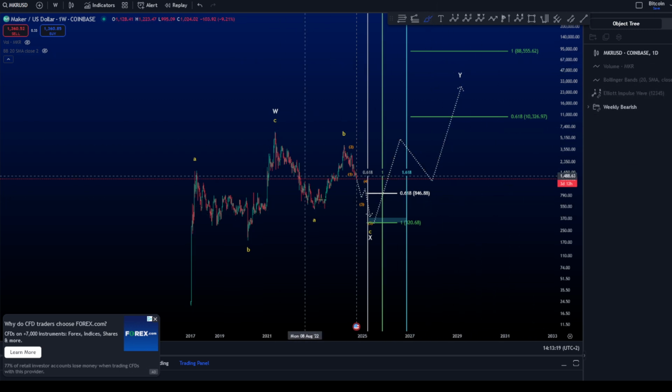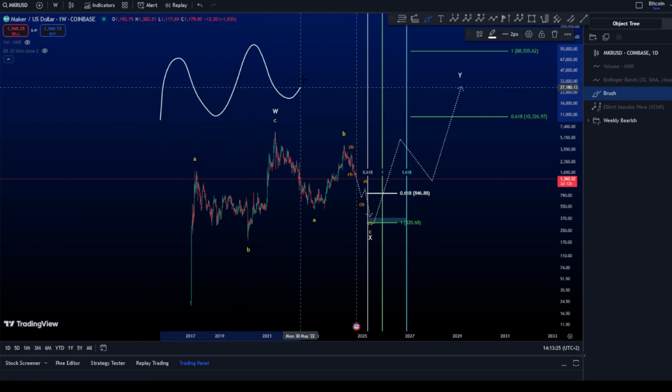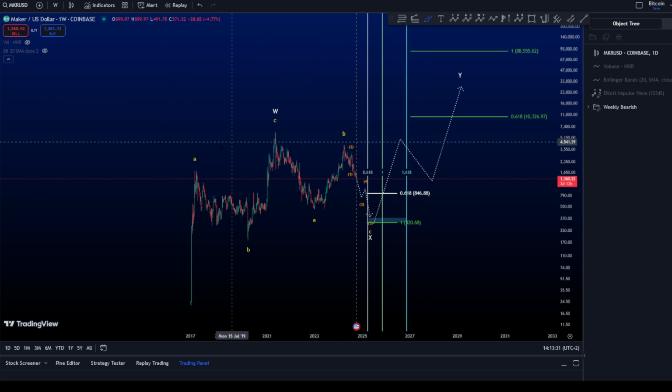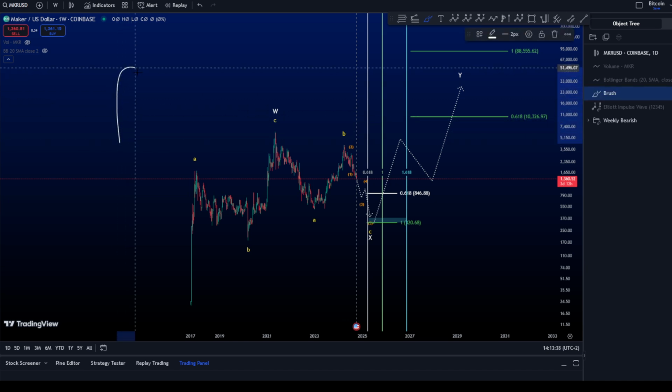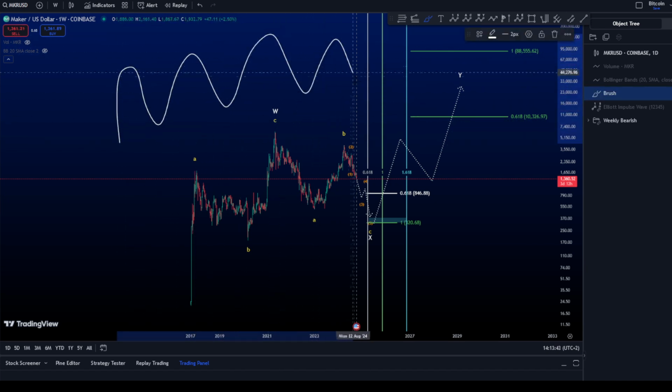By the way, Maker is very known for its sideways ranging, right? It's very known, this chart, for its sideways ranging. By the way, I was using this coin before with the grid bot. That is something called a grid bot, where it can make money when you have a coin that ranges so much.